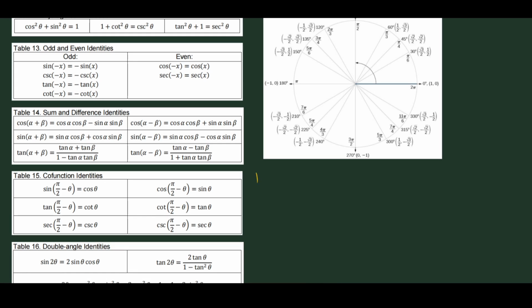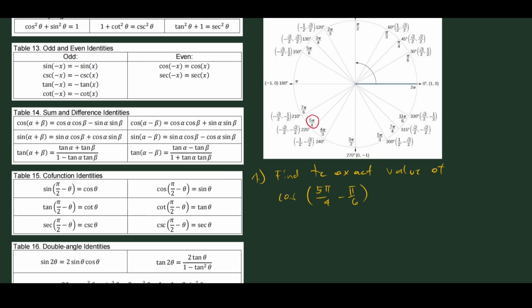For example, we are given: find the exact value of cosine of 5 pi over 4 minus pi over 6. This is rather easy because the angles here are already in this particular unit circle.